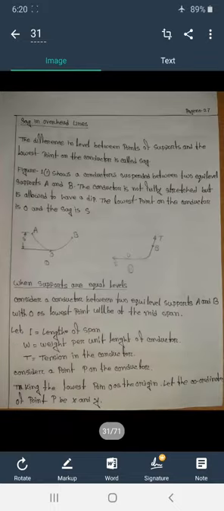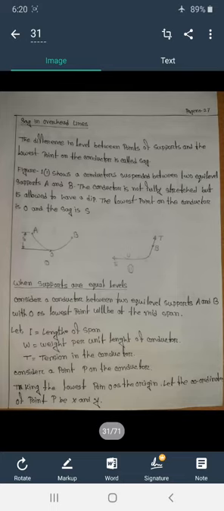Sag in overhead lines. The difference in level between the points of support and the lowest point on the conductor is called sag.